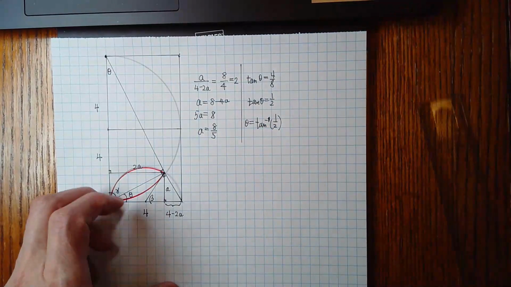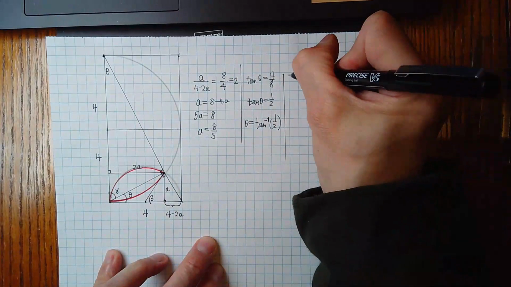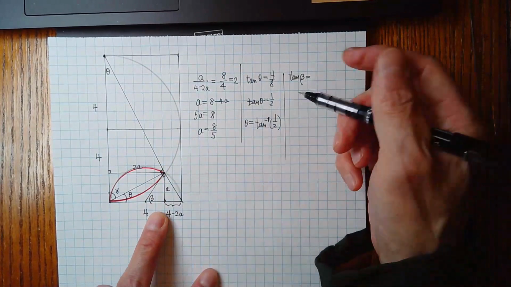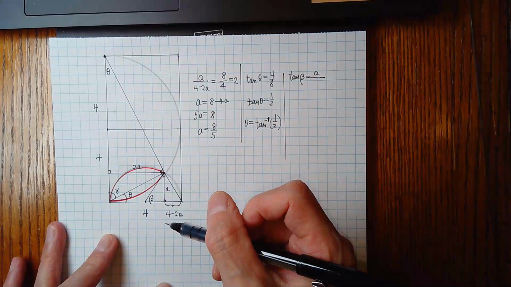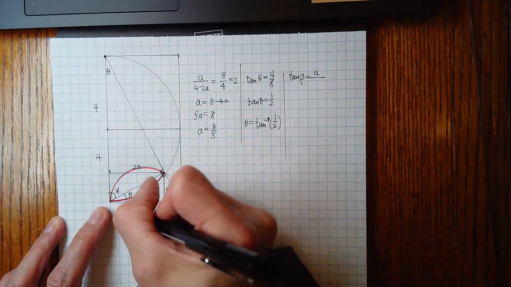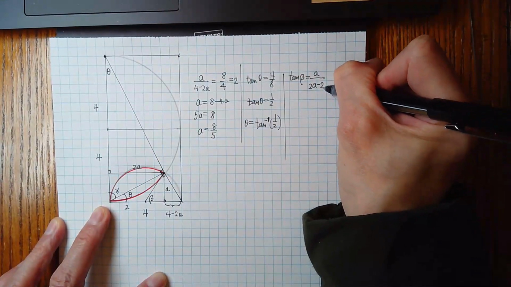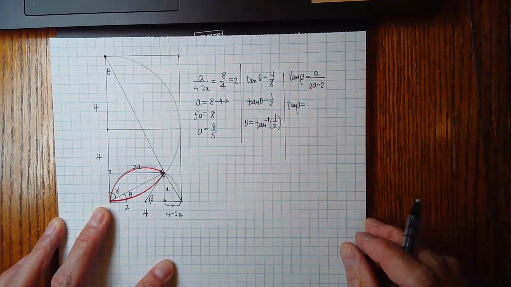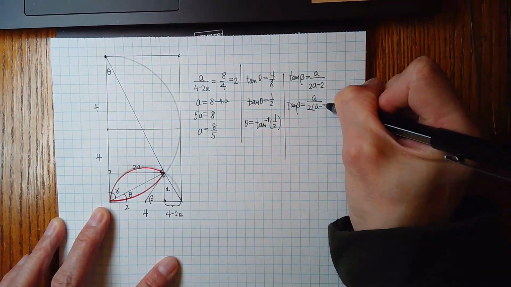So I want to find out what is tangent of this angle. Tangent beta equals opposite over adjacent. The opposite is 8, and the adjacent, well, that is just 2a minus 2. From here to here is 2, so 2a minus 2. So tangent beta equals a over 2 times a minus 1.